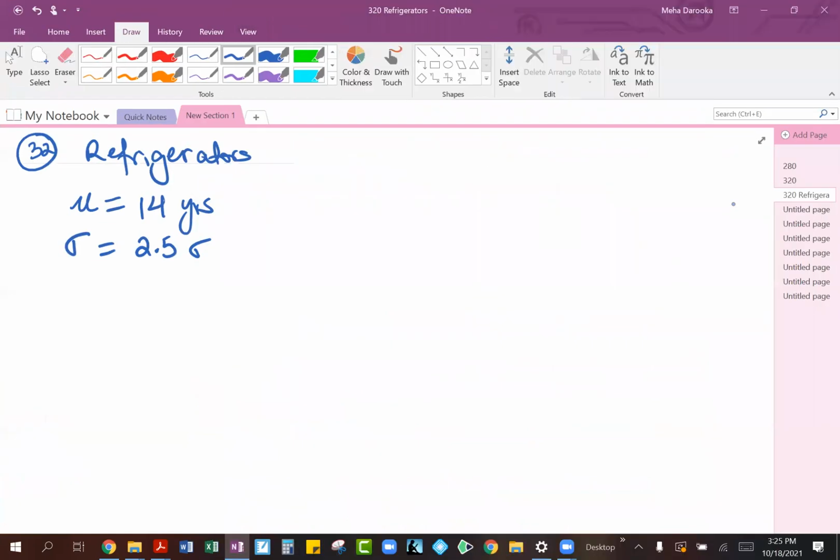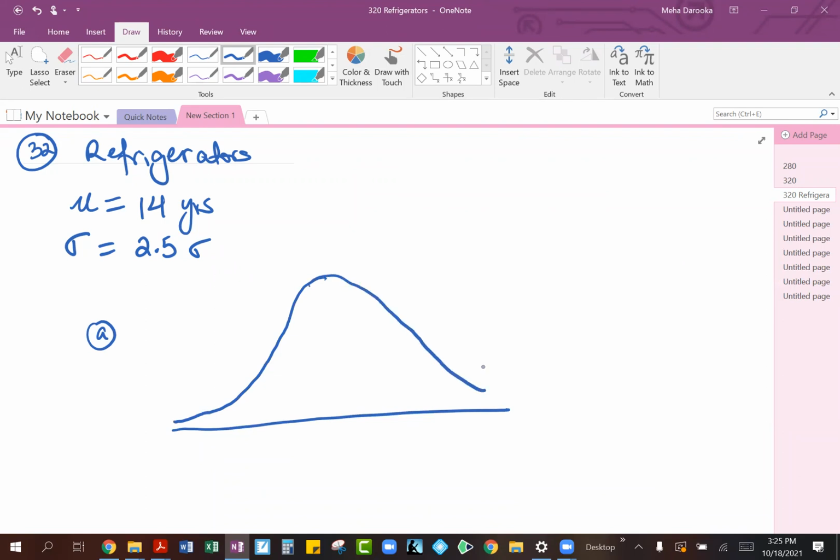So let's do a bell curve first, based on this. So we have our horizontal axis. We'll do our bell curve. Again, remember those edges don't touch the horizontal axis. And I'm just doing a basic shape over here. So right in the center is where we have our mean.